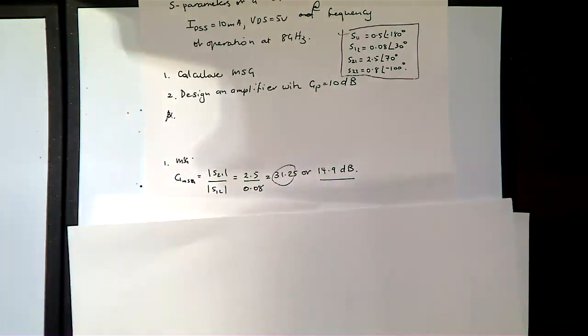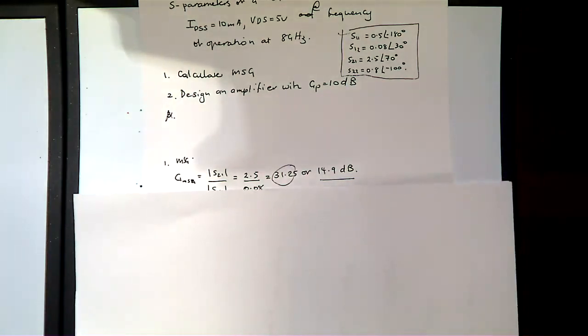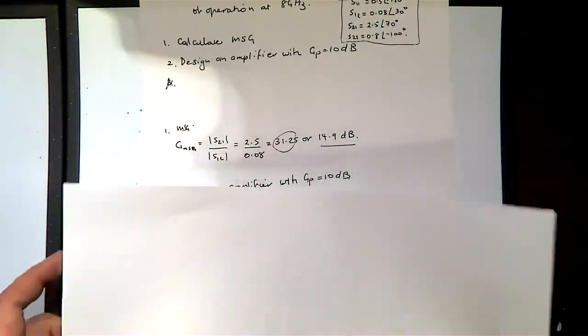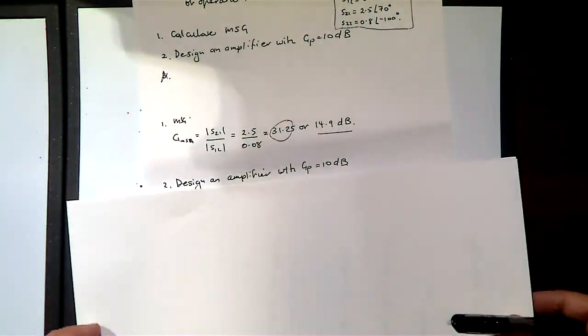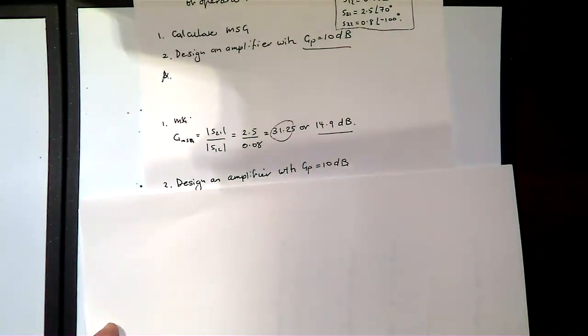All right. So if I said to you, draw me the gain circles for 17 dB, what would you say to me? Okay, good. All right. I then say to you, design me this amplifier such that it has a total gain of 10 dB. All right, what do I do?